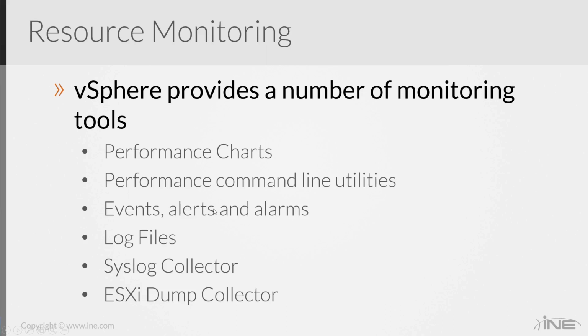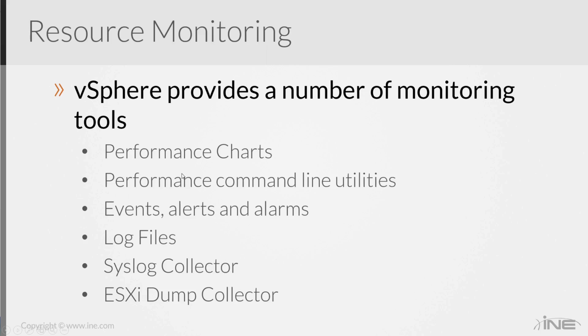We'll take a look at events, alerts, and alarms, and setting up alarms on our objects within our inventory. We'll have a look at the different log files, and finally the syslog collector and the ESXi Dump Collector, which are built into our vCenter Server. We'll get to all of these as we progress.